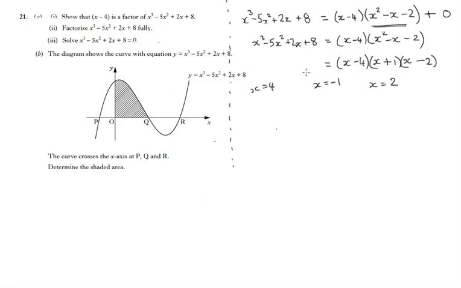We solved the equation, when is this polynomial equal to 0, and out popped these 3 values. So in order from the smallest to the largest, minus 1, followed by 2, followed by 4.